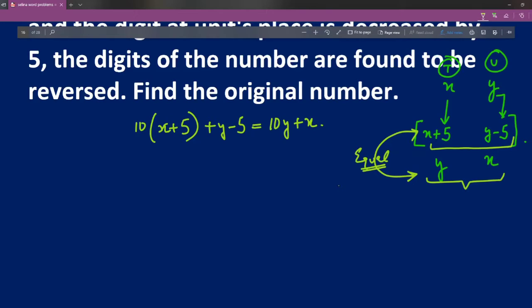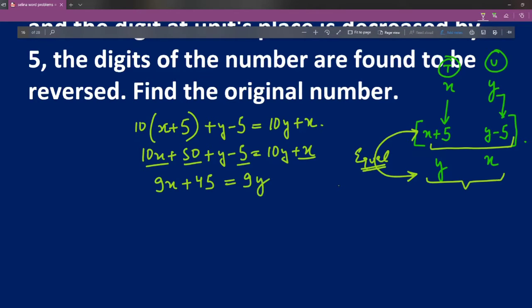We'll have the answer, and you can have a look at this problem again with the help of the answer, and then you'll be able to understand this question well. This will be equal to 10y plus x. So 50 minus 5 is 45. 10x minus x is 9x, plus 45 is equal to 10y minus y is 9y.